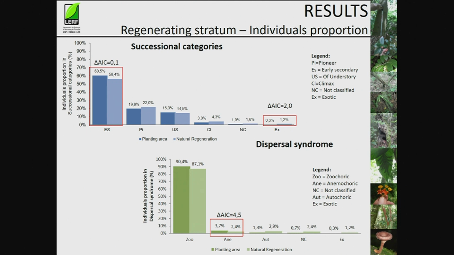About the succession of categories, there were influences in the early secondary individuals proportion and in exotic individuals, showing the first were higher in the planting area, and the second were showing that there were more exotic individuals in the natural regeneration.